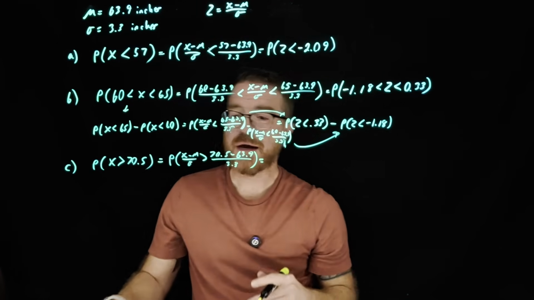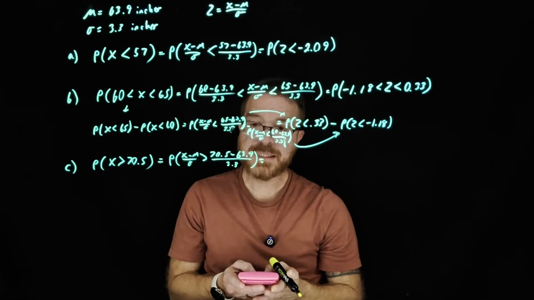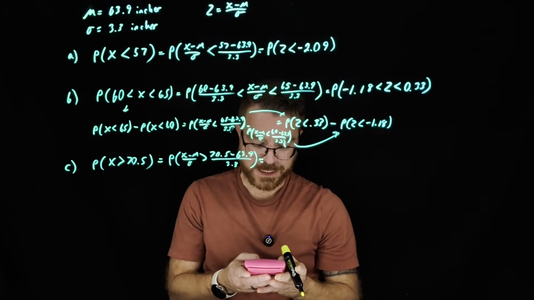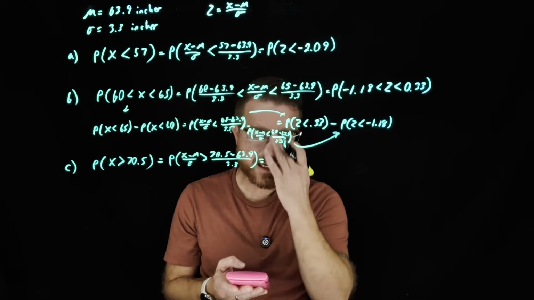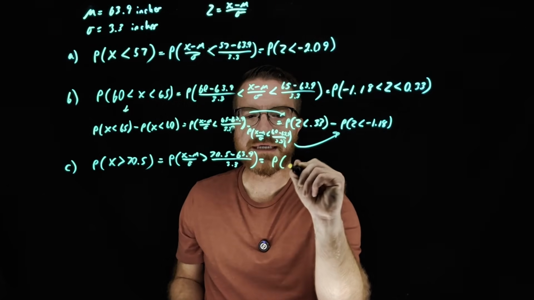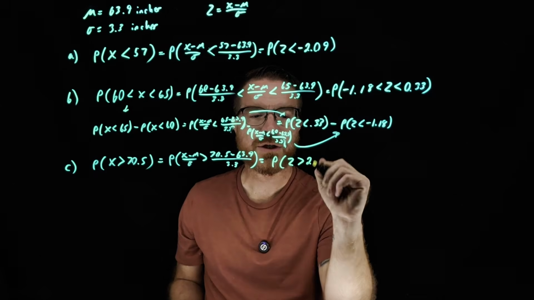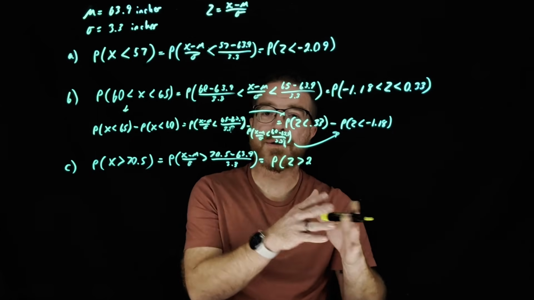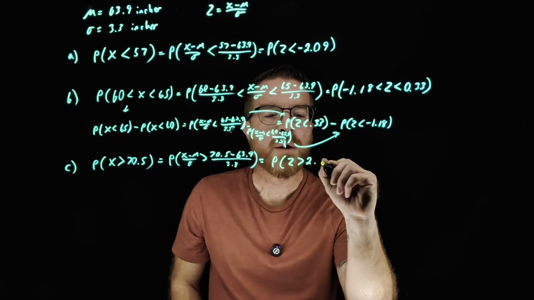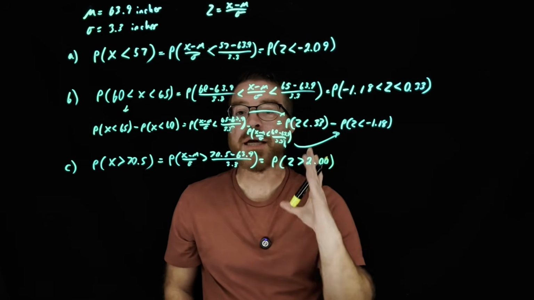So I'm going to plug this into my calculator. I have open parentheses 70.5 minus 63.9 divided by 3.3, and I get a value of probability Z is greater than 2. Now, you can leave it as 2, but I'm going to put 2.00 so everyone can easily follow along, because we know that for our Z table, we need 2 decimal places.